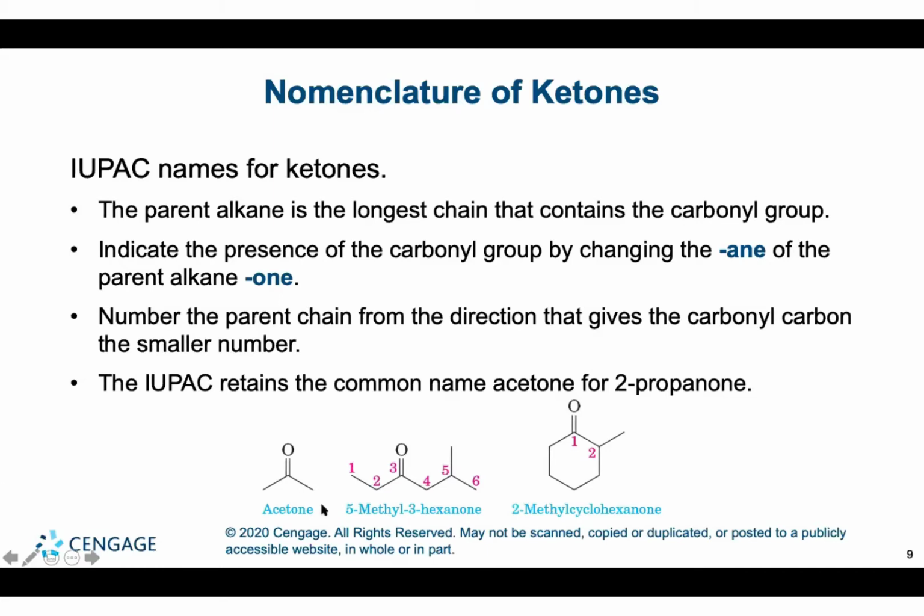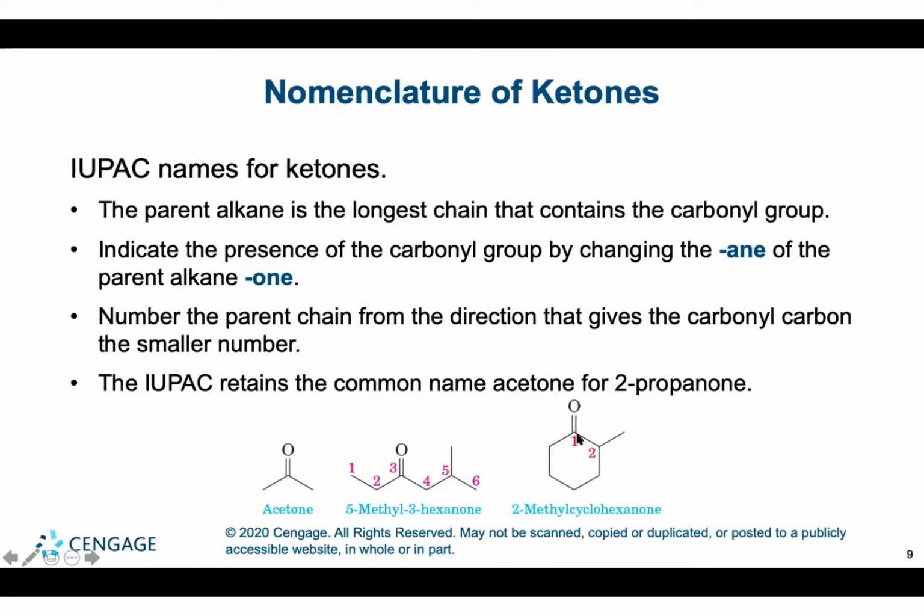First we're going to talk about the branches, right? Make sure branches come alphabetically. 5-methyl, right? On carbon 5 we have a methyl. 3-hexanone, right? With -one. On the cyclics, we start from the carbon of the carbonyl group for sure, right?